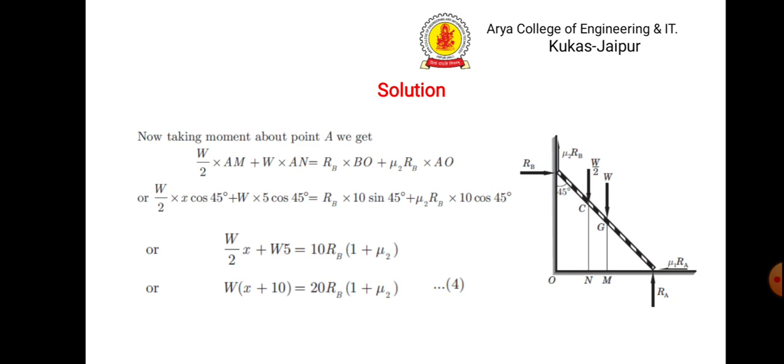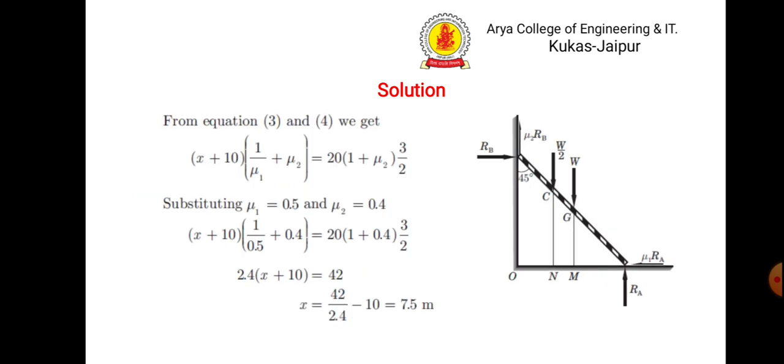This summation equals the summation of moments in the clockwise direction, so RB into BO and mu 2 RB into OA. We have already found the values of AM, AN, BO and AO. By putting these values, the equation becomes W into x plus 10 equals 20 into RB into 1 plus mu 2. Now from equations 3 and 4, what will we get?